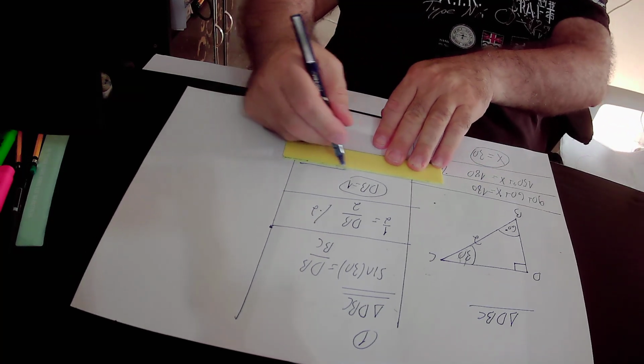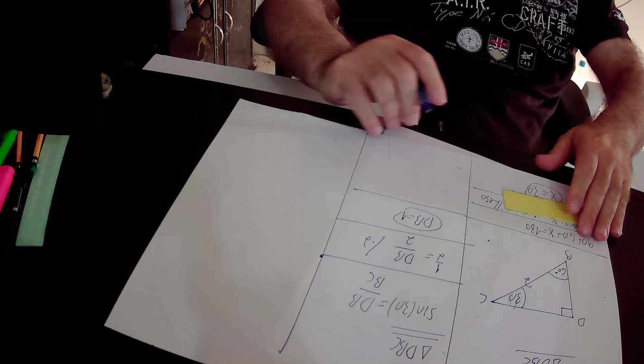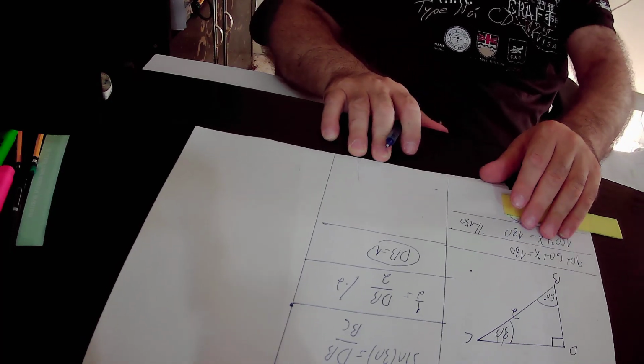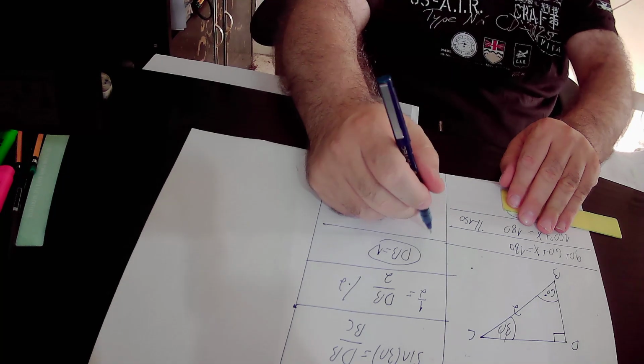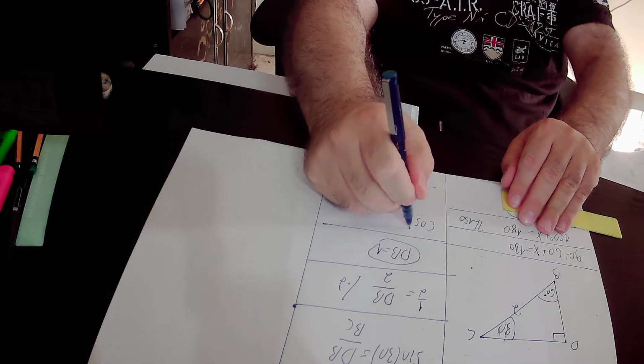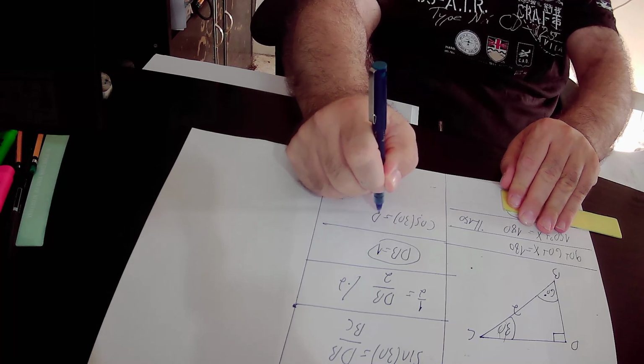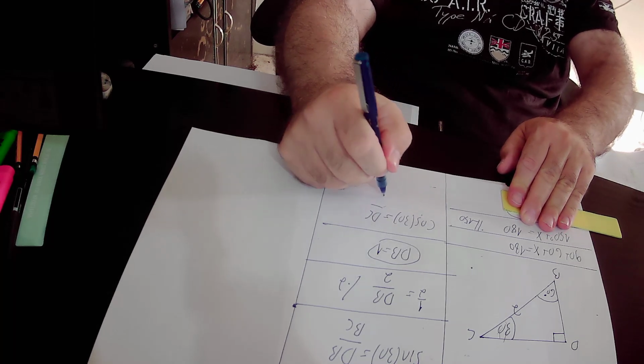We'll continue to focus on the right triangle DBC. In the right triangle DBC, cosine 30 degrees equals DC over BC.